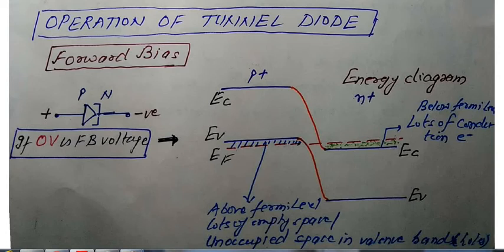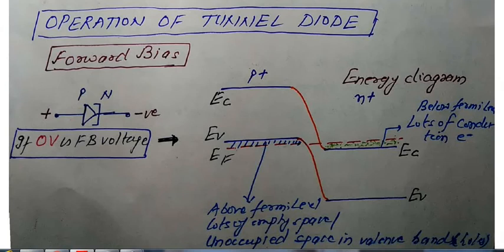So when we apply zero potential across the diode, there is effectively no potential driving the current to flow through this. So current flowing through the diode will be 0, and the Fermi level will be constant.